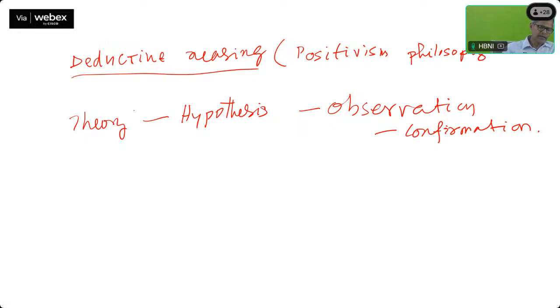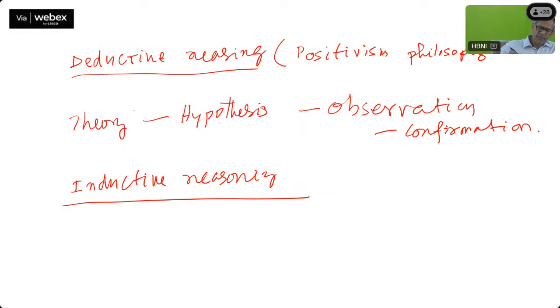There is another approach to reasoning, which is known as inductive reasoning. In this case, it's mainly qualitative. It starts with observation.